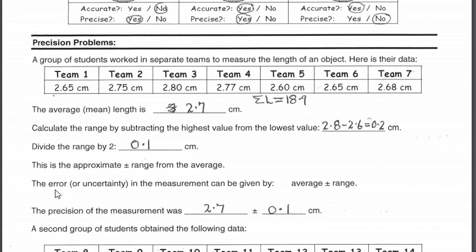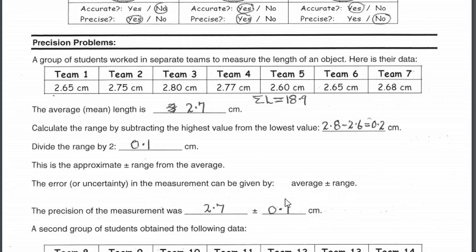The error or uncertainty in the measurement can be given by average plus or minus the range. So the average has been calculated, and then you plus or minus the range, and that's the precision of the measurement. And that's how it can be quoted.